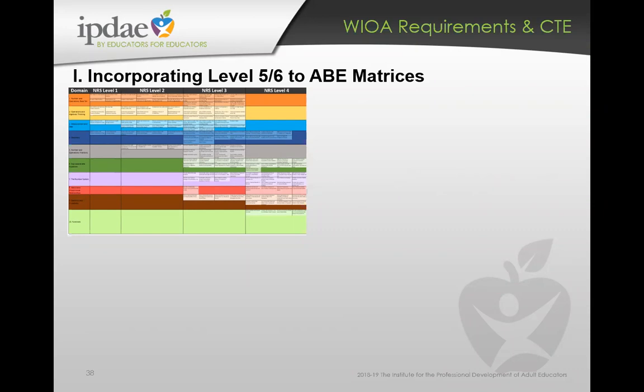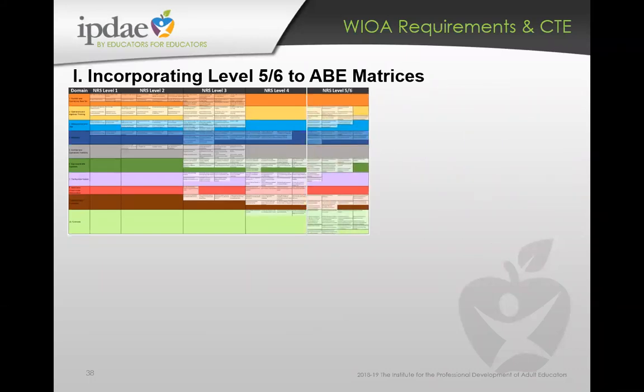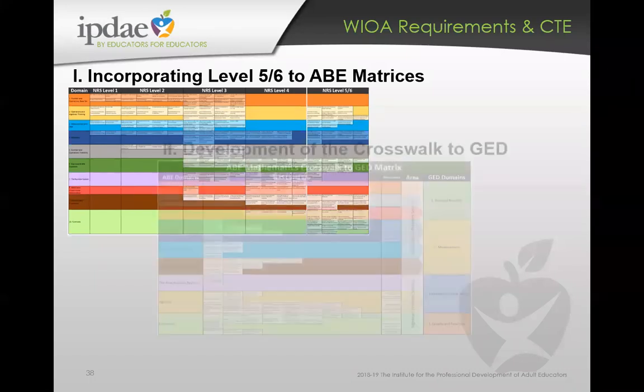So first of all, initially we rolled out levels 1 through 4 of the matrix, and what we did was we added levels 5 and 6 into the matrices to make sure that we are bridging our students towards those career technical programs that they wanted to go into.